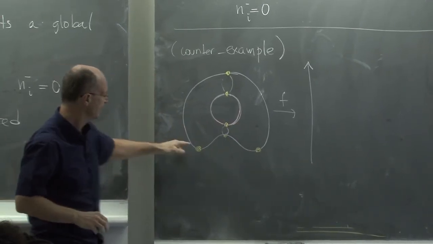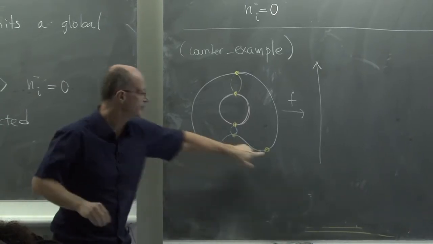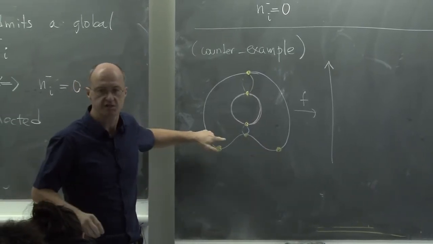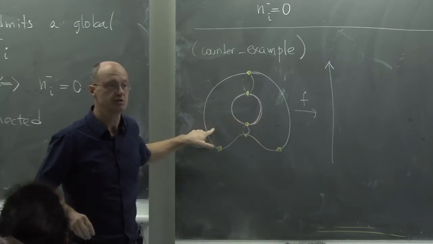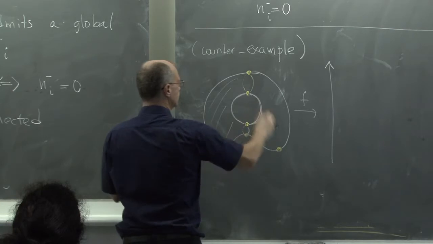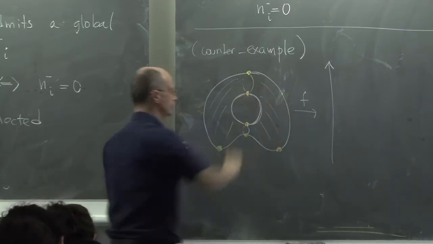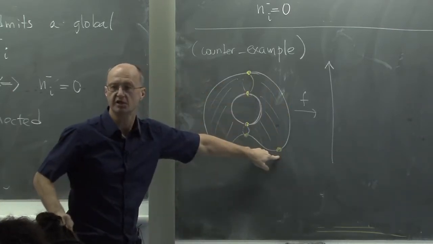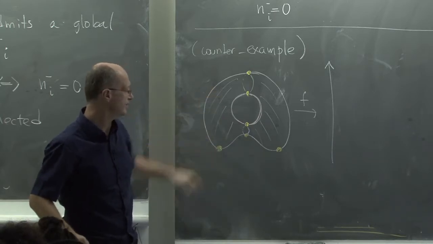Now the stable manifolds of these two minima are disjoint; they are the two halves of the remaining torus. That's what flows there, and that's what flows there.